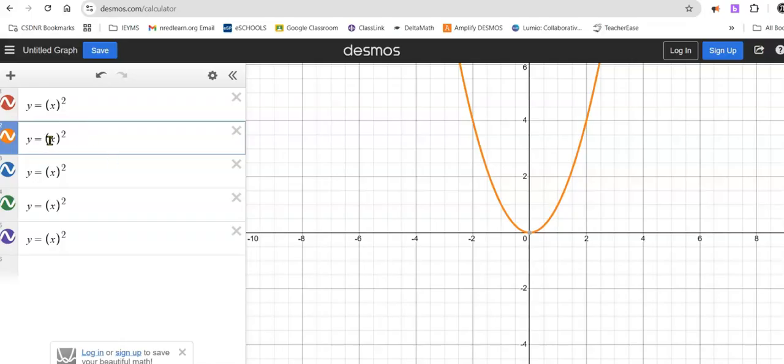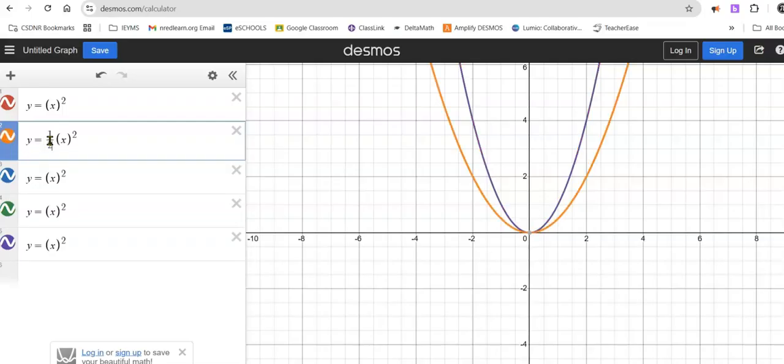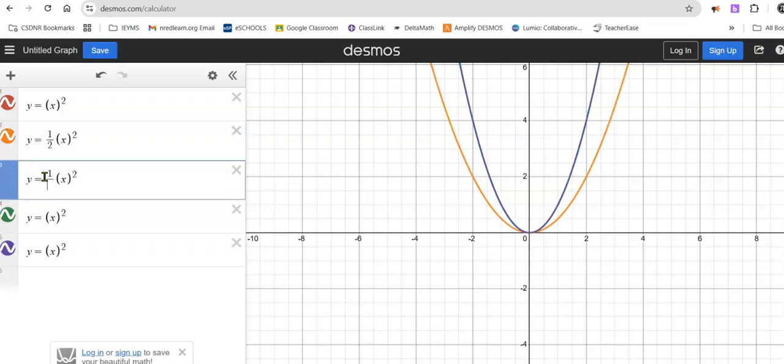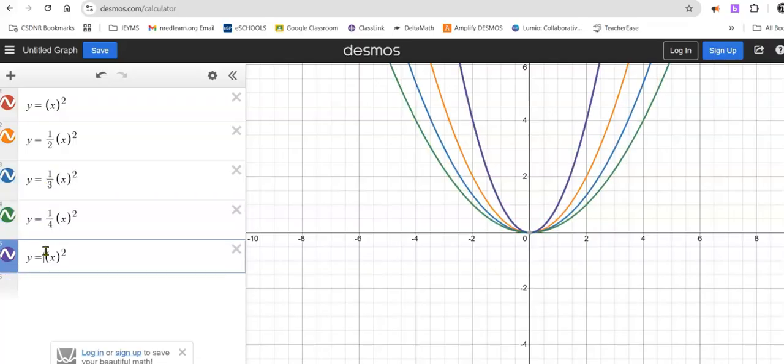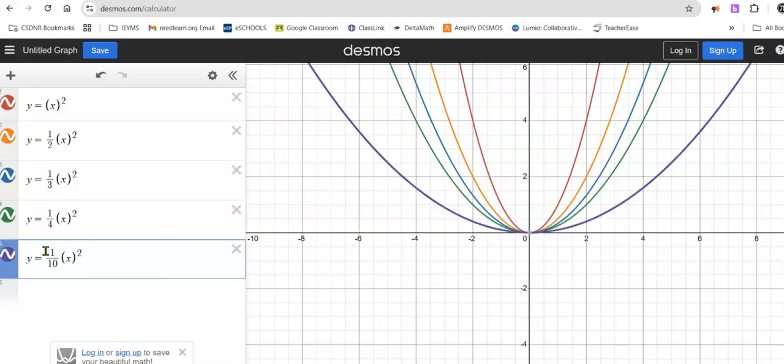Now, you can have a coefficient that's lower than the number 1, like let's say 1/2, or 1/3, or 1/4, or 1/10. This is a compression, a flattening of the parabola, making it wider. Now you'll notice these are fractional, but they're not lower than 0.